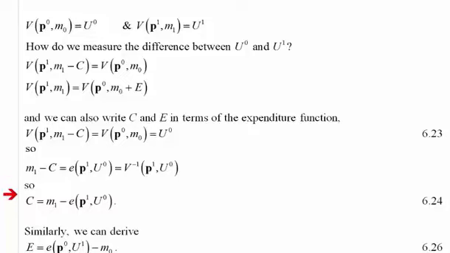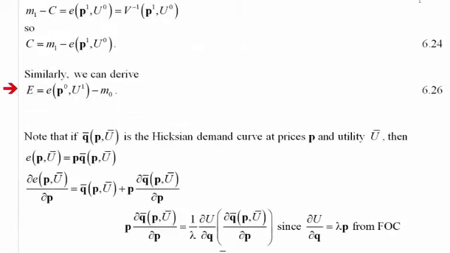And then simply simplifying, you obtain that C is equal to M1 minus the expenditure function at P1, U0. And similarly, we can do the same thing for the equivalent variation metric as E of P0, U1 minus M0.